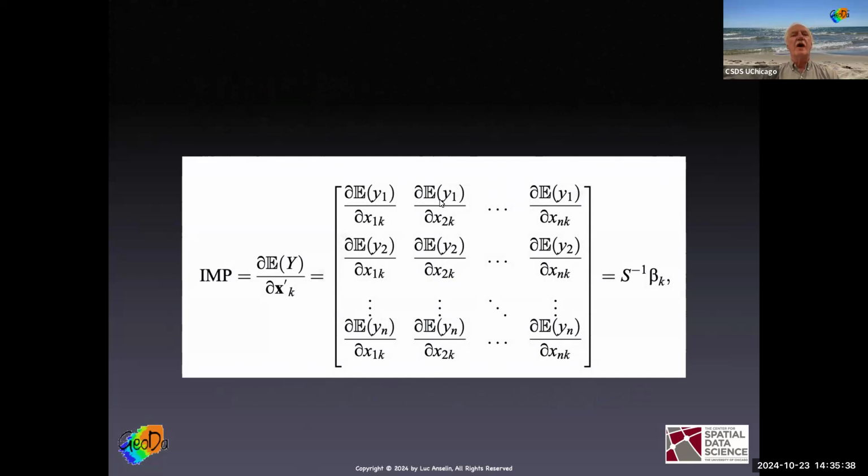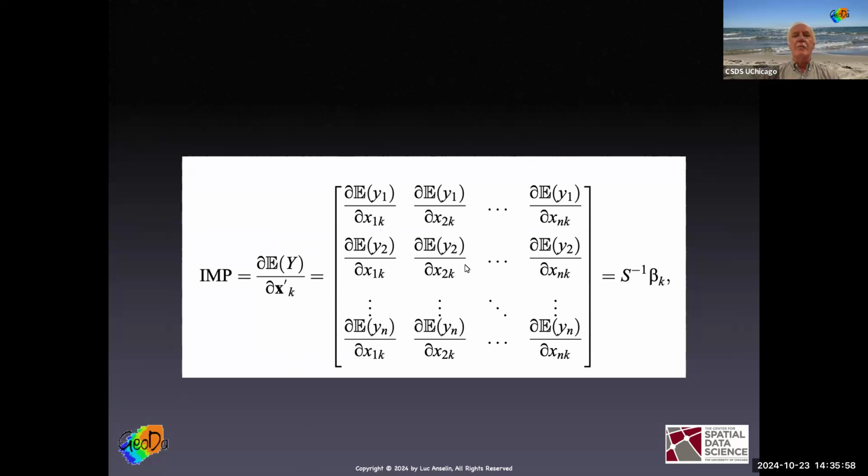What is the effect on y in location 1 of a change in x in location 2? So as we go along the row, that's the effect of the neighbors: neighbor 2, neighbor 3, neighbor n on 1, right?